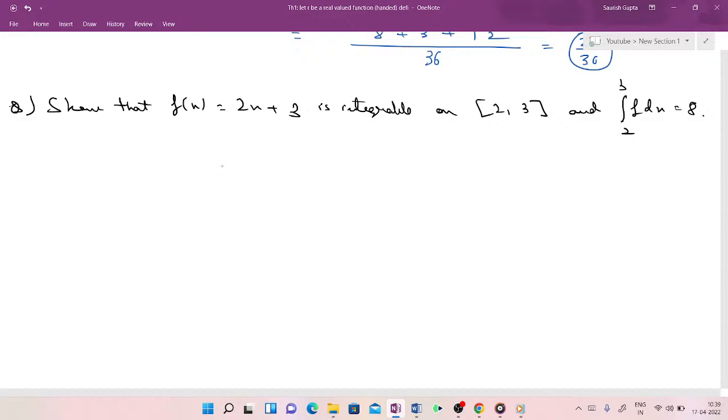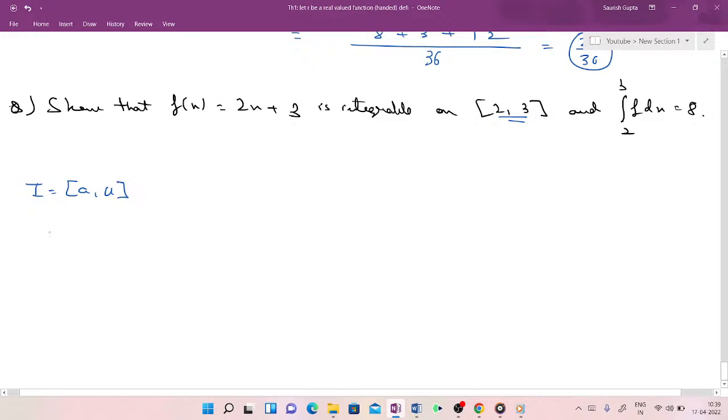So when you are having a polynomial function, we choose a specific type of partition to solve these problems. For example, speaking generally, suppose you are given an interval a comma b.